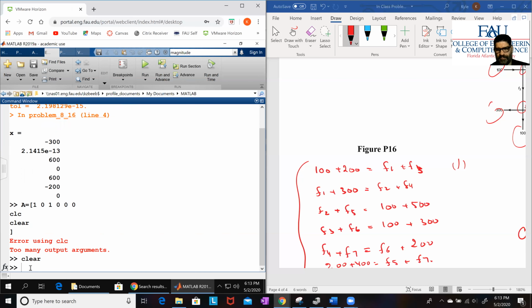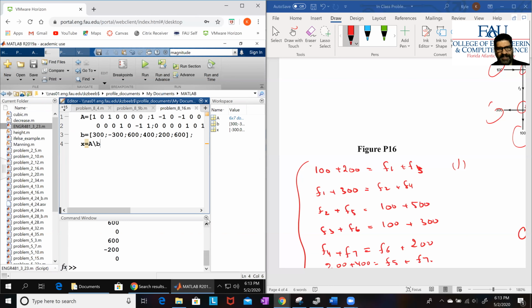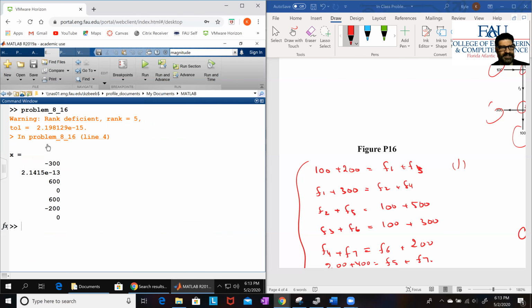All right, let me rerun this one here and see what I get. I want to read that for you. So, really important to understand: rank deficient, rank 5, equal 5, and then it gives me a solution in here. And so remember the rank.